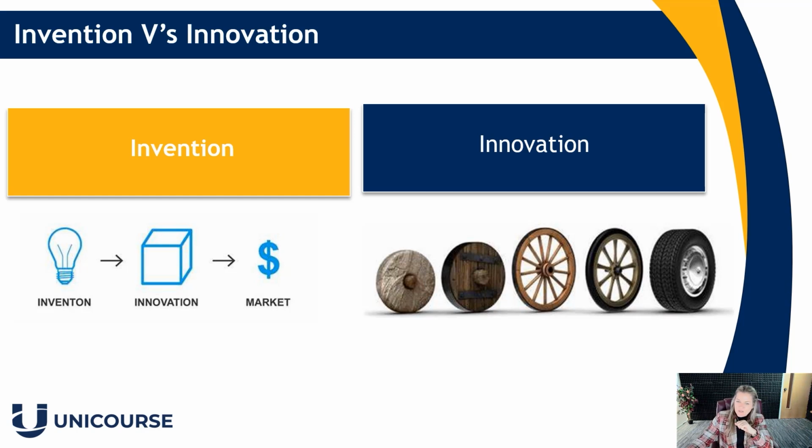Let me make sure these stats are right. So the light bulb: it is not uncommon for inventors to be unaware of the commercial implications of their invention. So let's think about the light bulb. The light bulb was implemented by Thomas Edison, and he invented it.